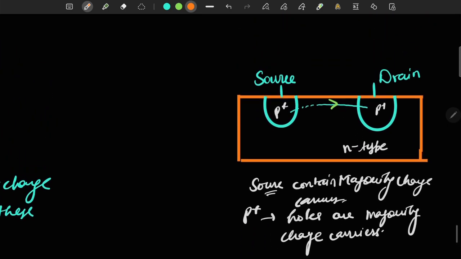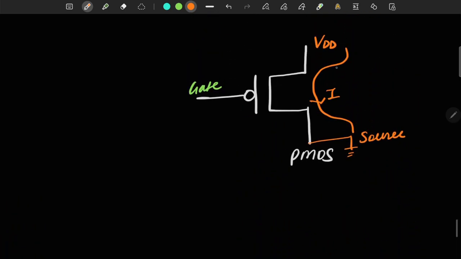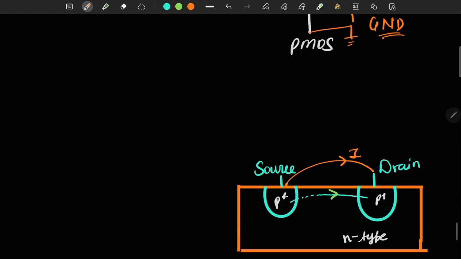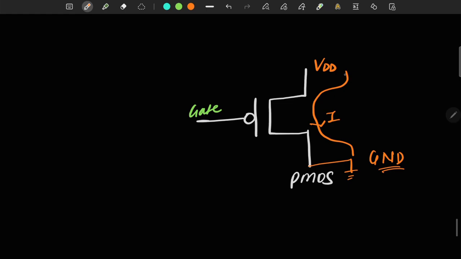So we concluded that our current will be flowing from source to drain, and here my current is flowing from VDD to ground. I'm sorry, here I should write ground. So we arrived at the conclusion that our current should move from source to drain, and here our current is moving from VDD to ground, so this terminal is representing the source, and this terminal is representing my drain.